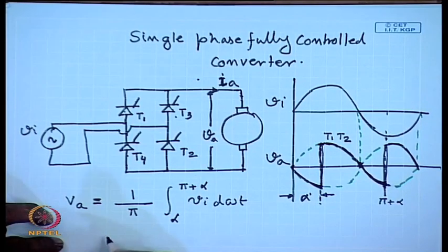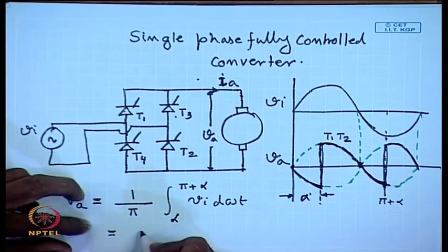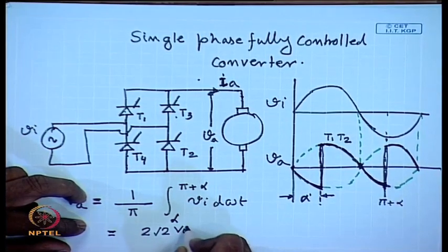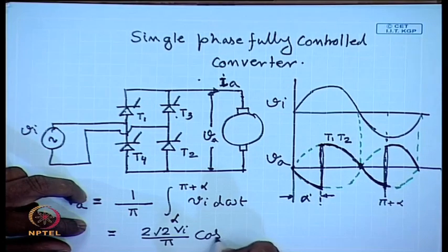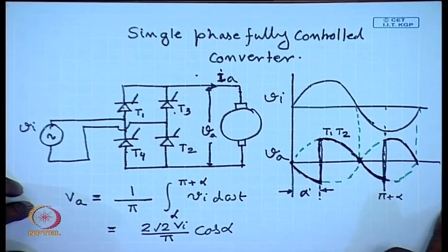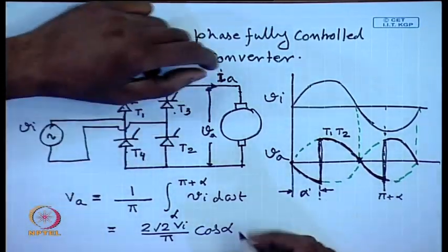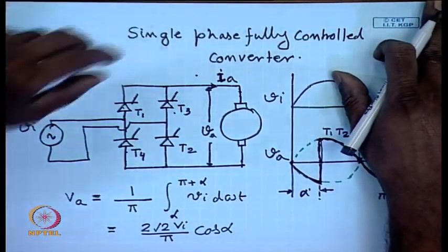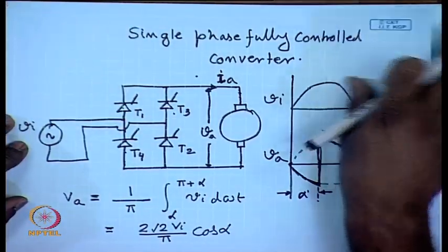This comes out to be, where V I is the RMS of the input voltage.